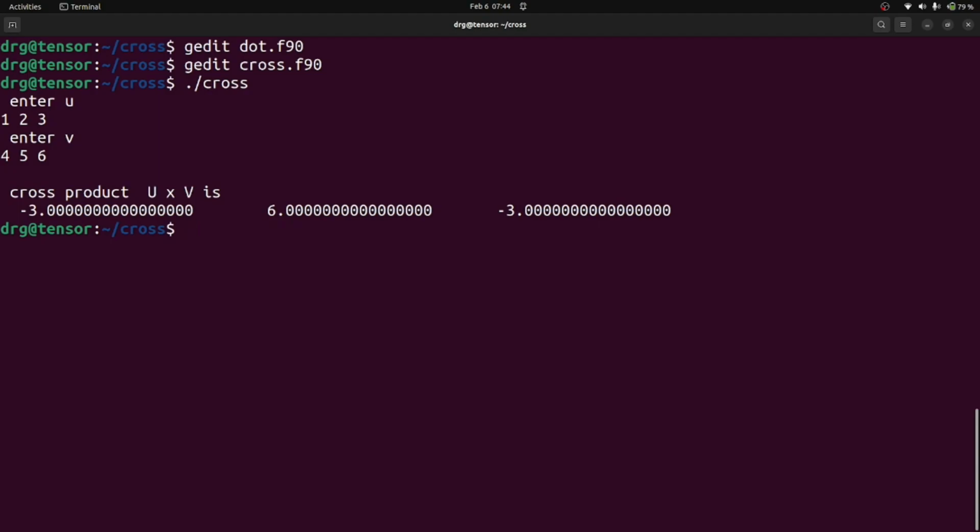I'm going to run this again, except I'll interchange the order of the vectors. If my claim is true, then I should get 3, -6, 3 instead, the negative of the answer that I previously had.